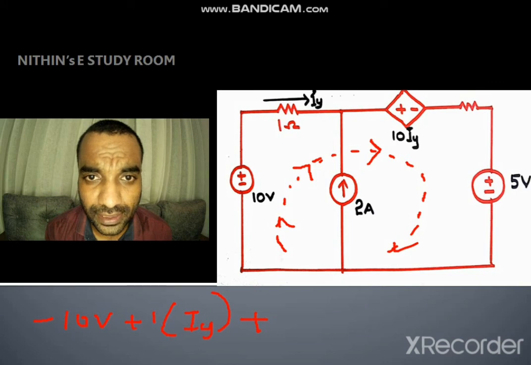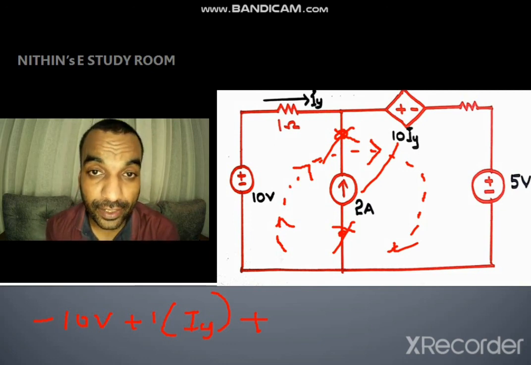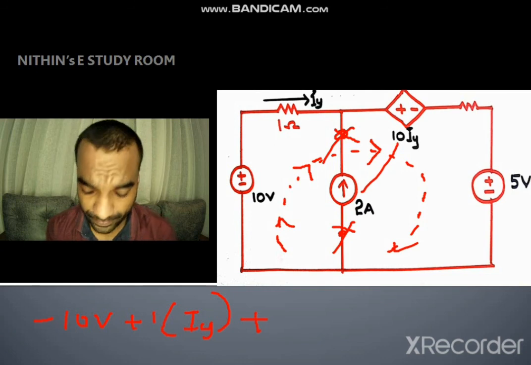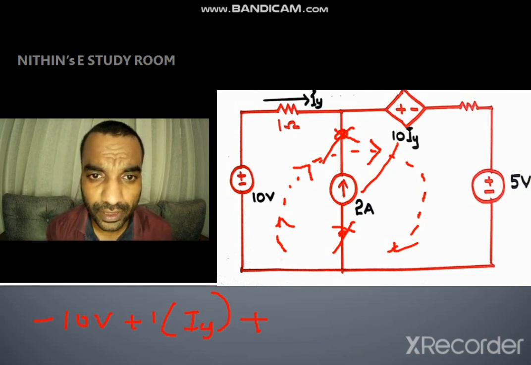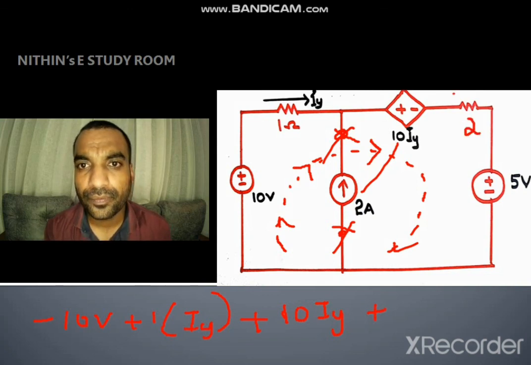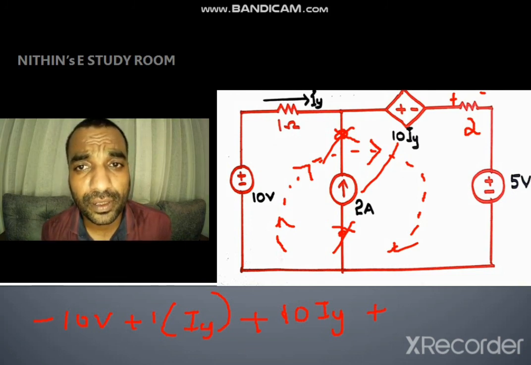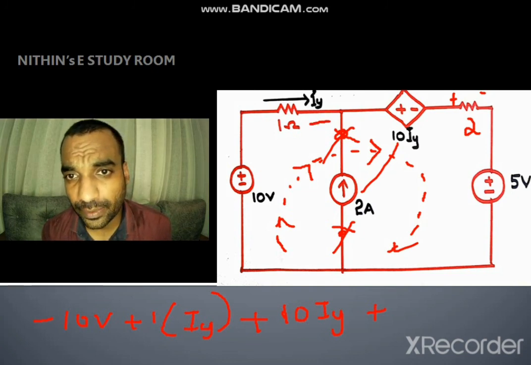as you are going through the external loop, no need to consider the 2 ampere source. Now there is a voltage source 10 IY, so you have to take it as 10 IY, plus, and then this 2 ohm resistor, plus here, minus here. What will be the current passing through the 2 ohm resistor? IY is coming from this side and 2 ampere is coming from this side.